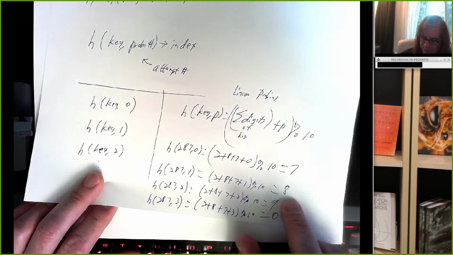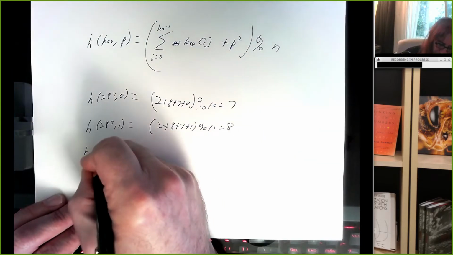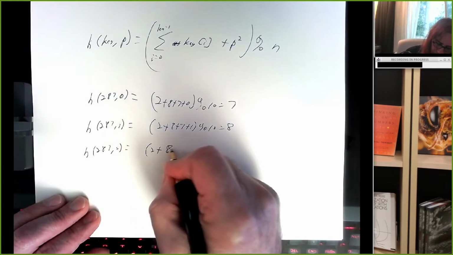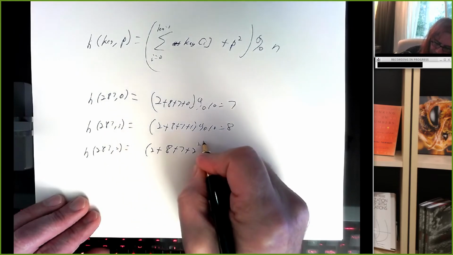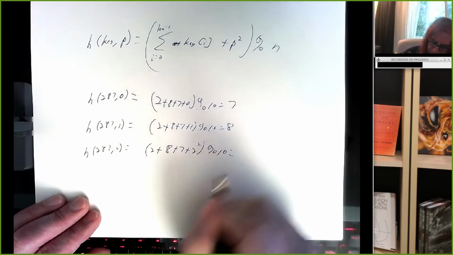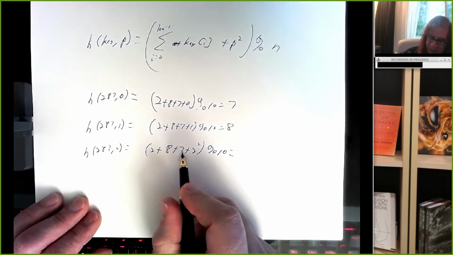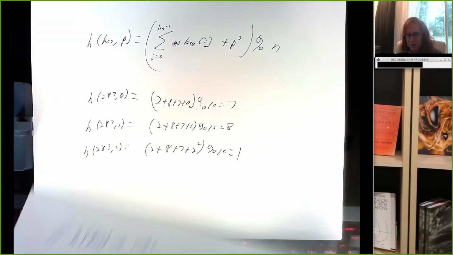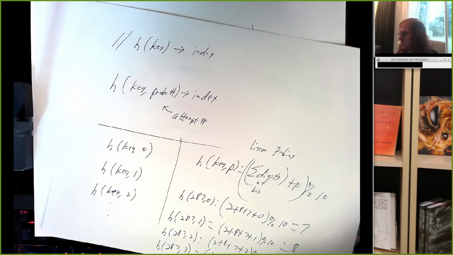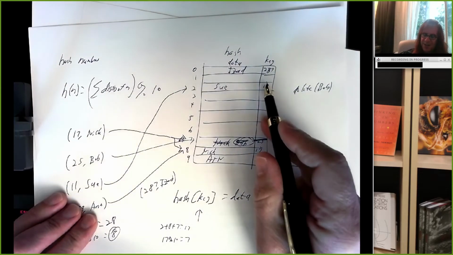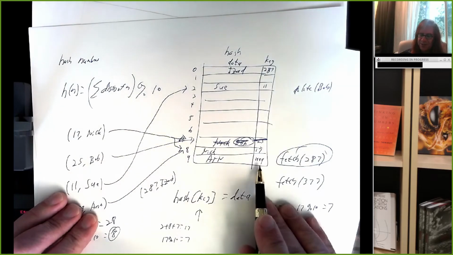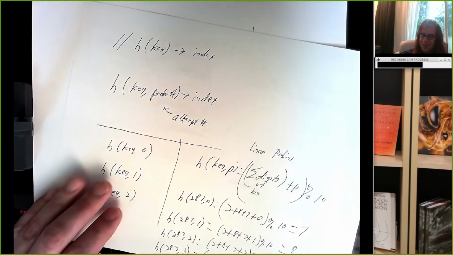So same as before. But on our third probe attempt, where our probe value is equal to 2, we would do 2 plus 8 plus 7 plus 2 squared. And so 17 plus 4 is 21. This would give us a 1. And if we jump down to location 1, we would find that spot's available. And we would have stored Izod here instead of checking location 9 and then going up to location 0.